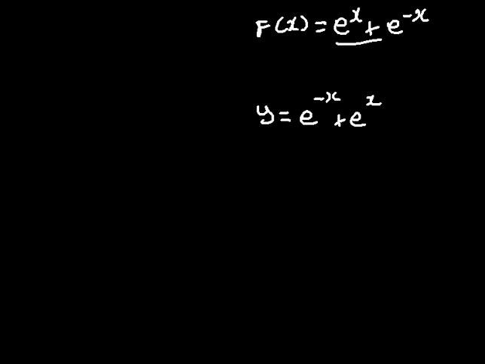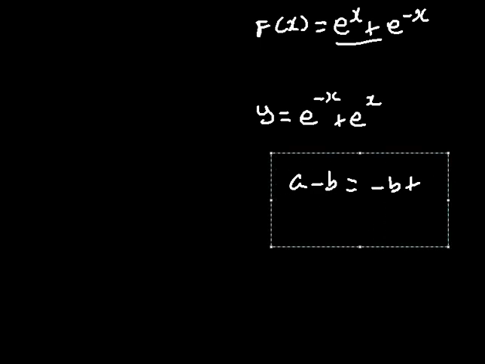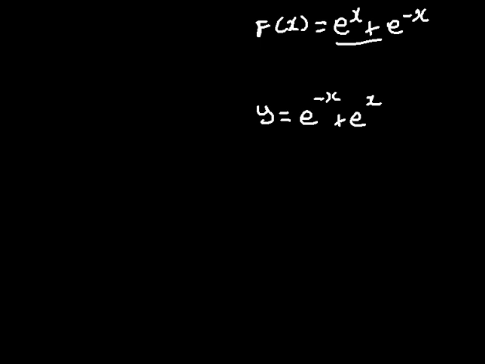Now, as you can see, we have obtained the function which is the same as the original function, because you should understand that a plus b is the same as b plus a. So that's what you should understand about what's happening there. Therefore the function is symmetric about the y-axis.